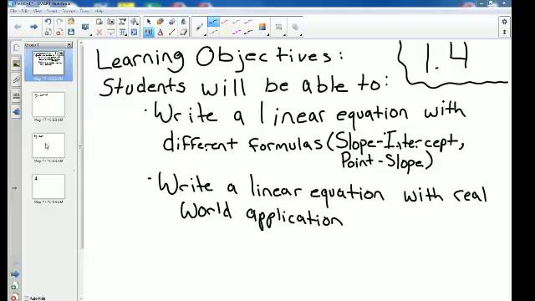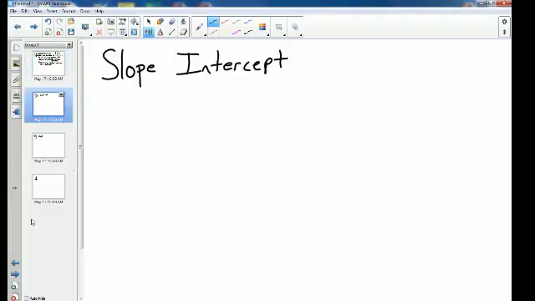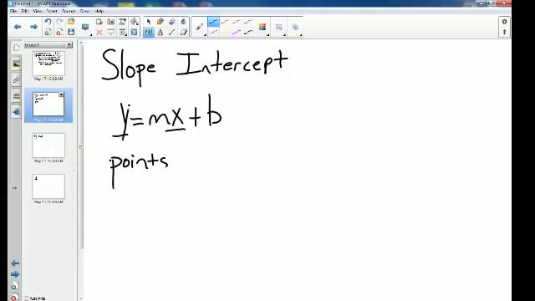First we're going to go over slope-intercept, which the form for this equation is quite simply y is equal to mx plus b. When you're looking at this equation, your y and your x are each going to be points on your line.